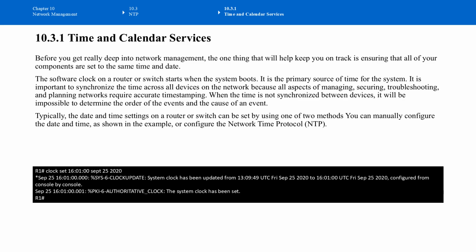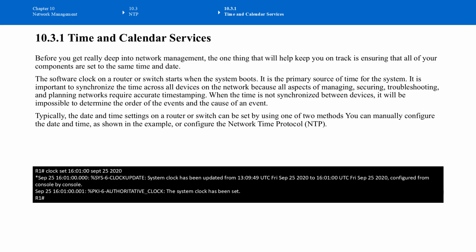Typically, the date and the time settings on a router or a switch can be set by using one of two methods. You can manually configure the date and the time, as shown in the example, or configure the Network Time Protocol, which is the NTP. Here, for router number 1, you use the command clock set, followed by the time, date, and the year.